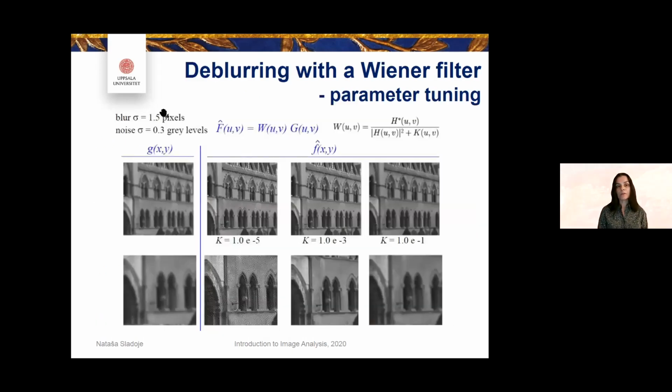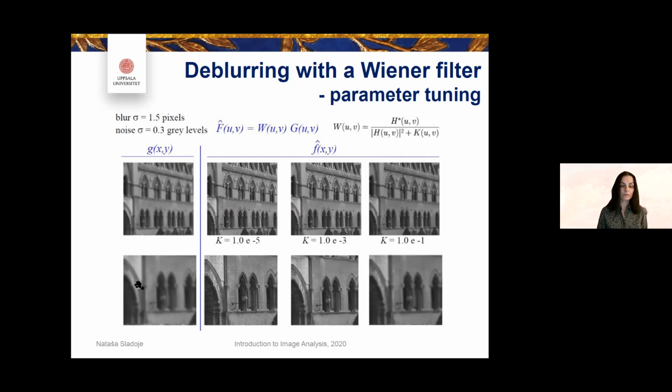So now, if you want to apply Wiener filter, then in practice, as we already commented, we need to set somehow this constant k, and then we can observe in this example how varying k affects the result of application of Wiener filter. So we have some degraded image.